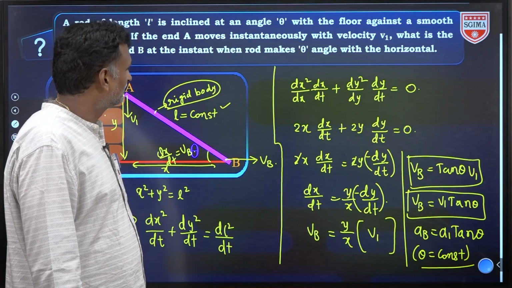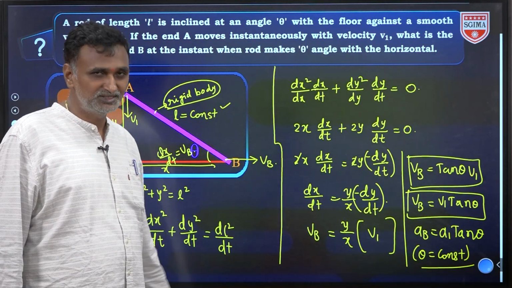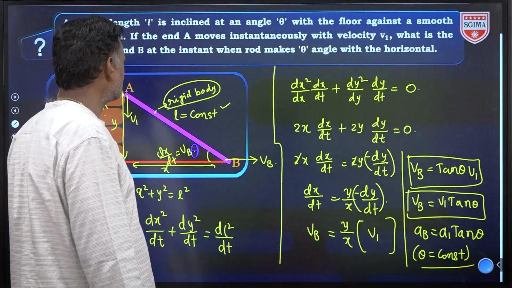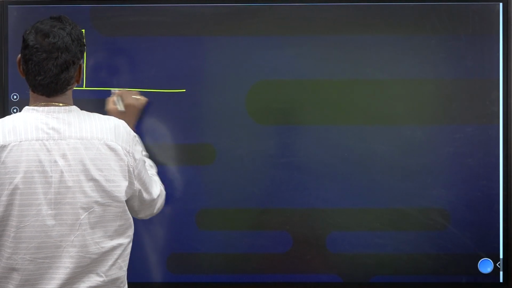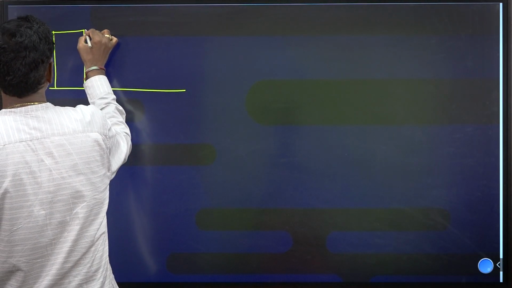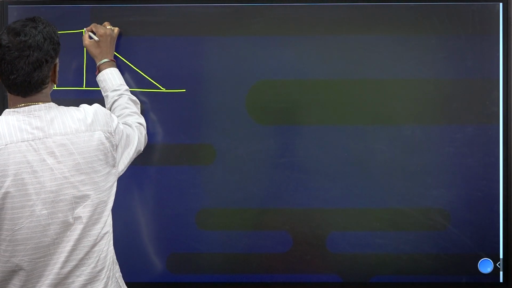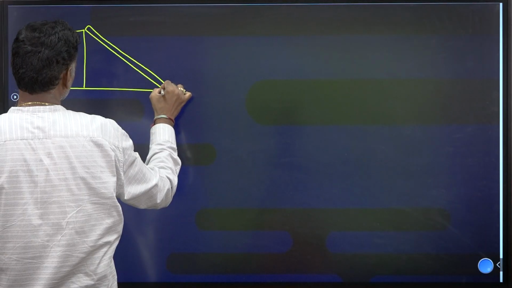Let us follow that shortcut also, the same question. We will see in the next slide. So, you can find here this is the position of the rod actually.